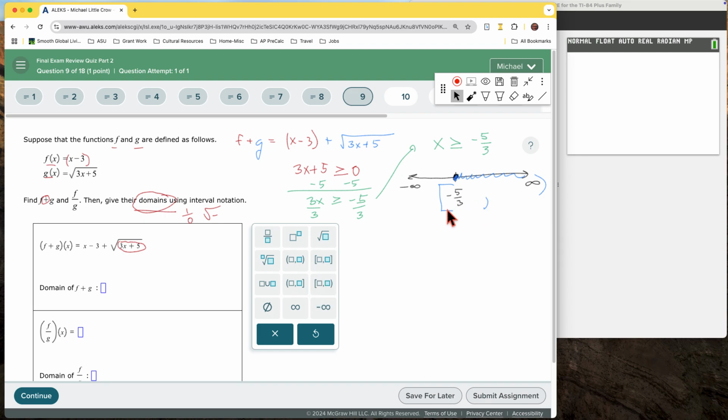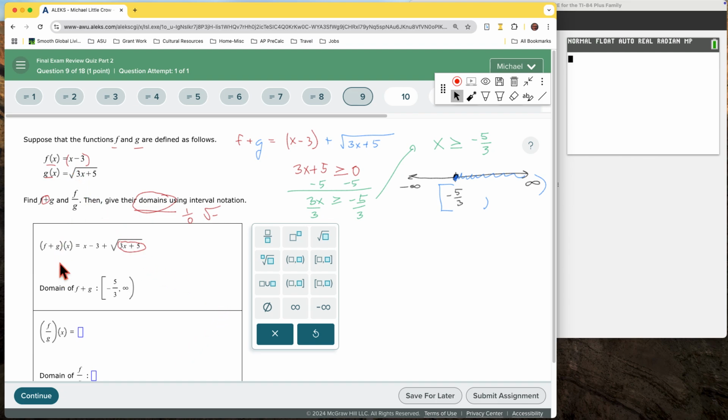I know I need a bracket and a parentheses, so I choose bracket, then a parentheses, and we put in negative 5/3 all the way to positive infinity. Okay, so that's that first part.